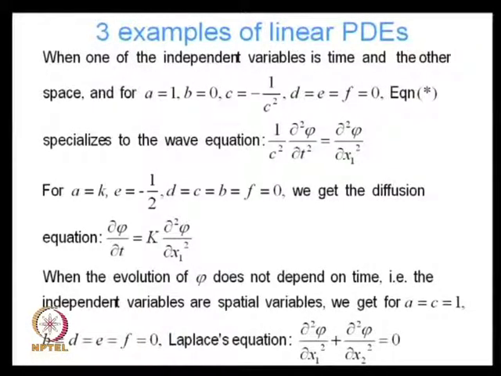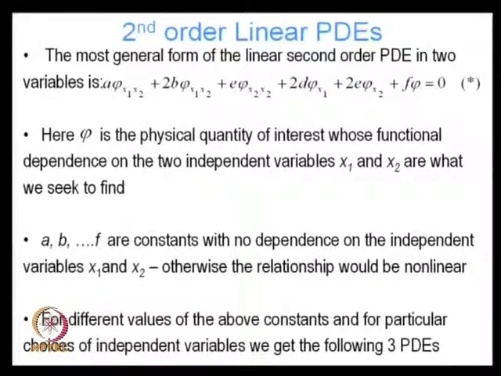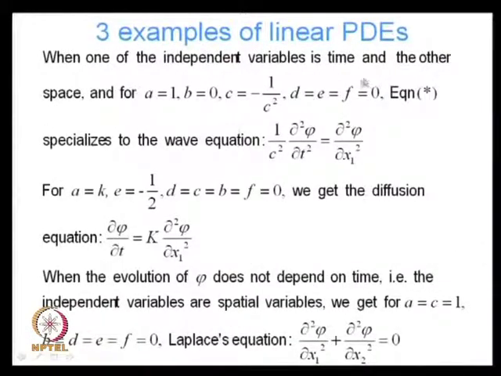D, E and F are equal to 0. So, there is no cross term, and the single derivatives also vanish. In that case, this equation becomes the wave equation.